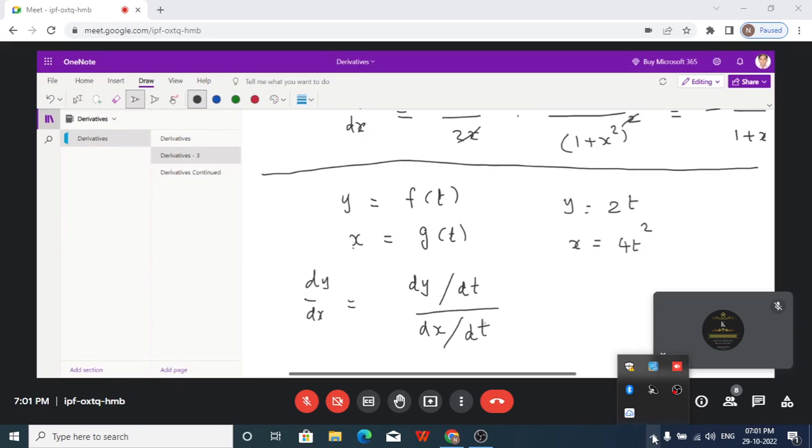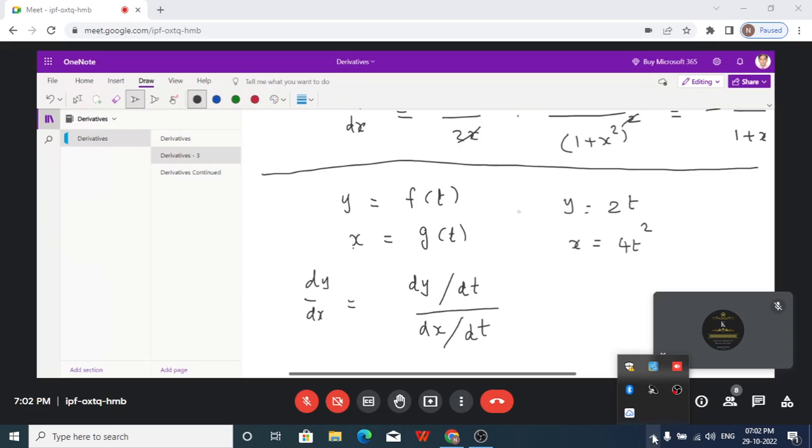So this is your formula. If y is f of t and x is g of t, then dy dx, the derivative of y with respect to x, can be written as the derivative of y with respect to t divided by the derivative of x with respect to t.